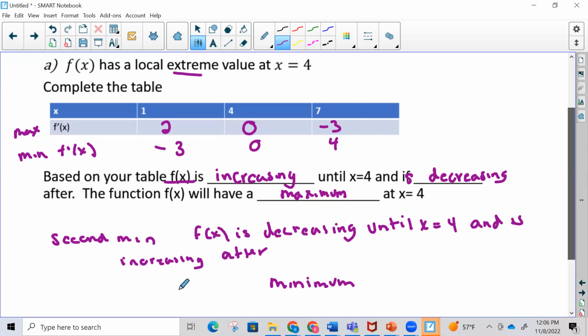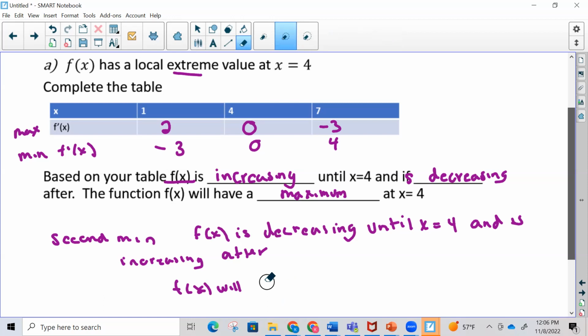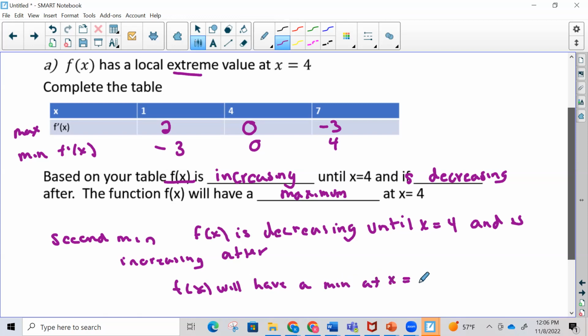I'm not going to write the whole thing, but f of x has a minimum at x equals 4. Okay, so that's the one case.